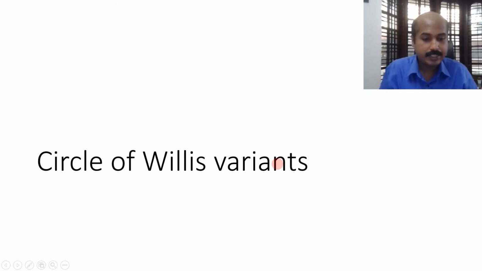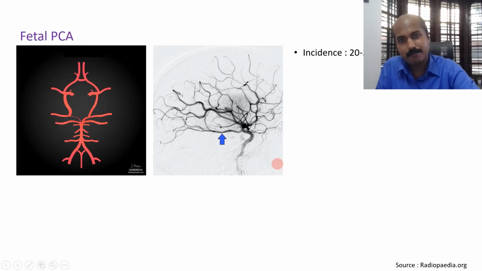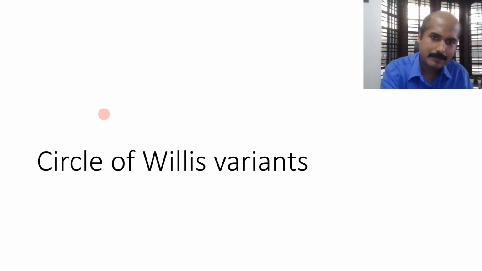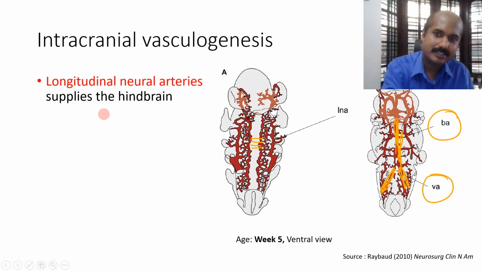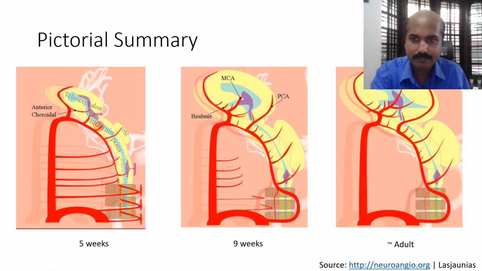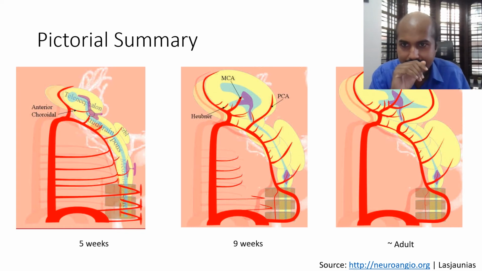Now, circle of Willis variants are also common, and the most common one that everyone knows is the fetal PCOM or the fetal PCA. It is called fetal because, as I mentioned in that earlier picture, the tactile artery, if I clear this off, this is the tactile artery.